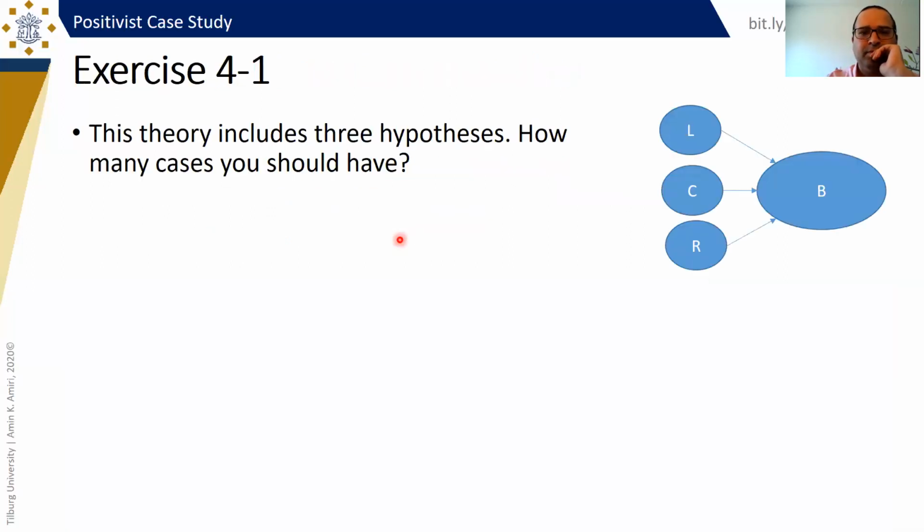Okay. So this theory includes 3 hypotheses. How many cases should you have? At least... who wants to answer this?